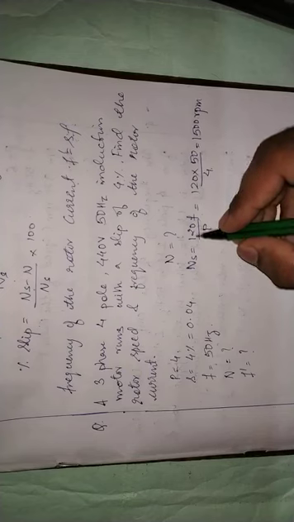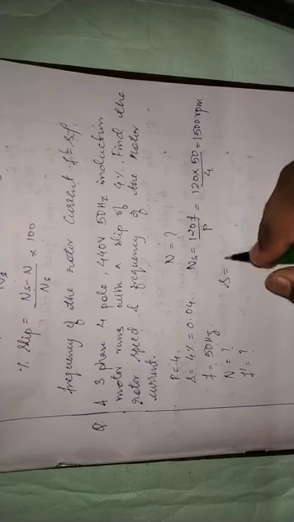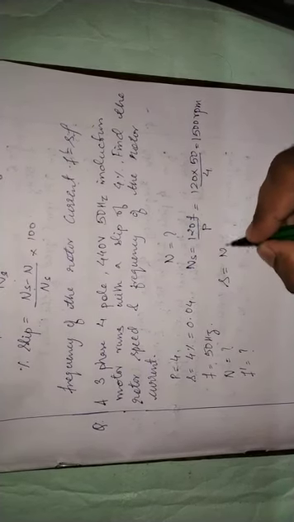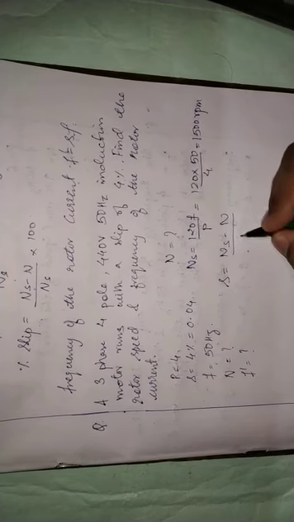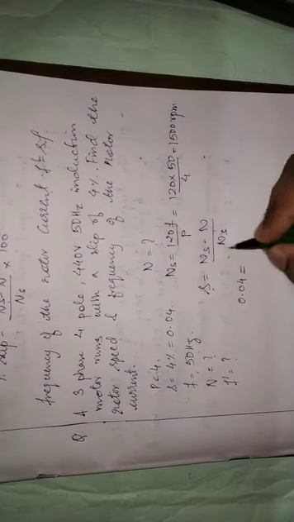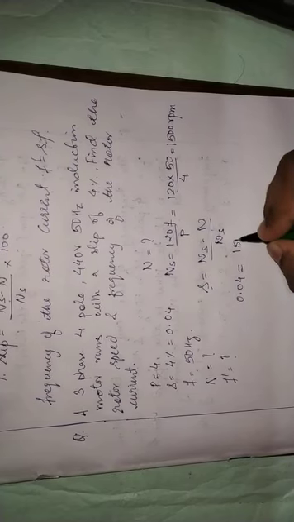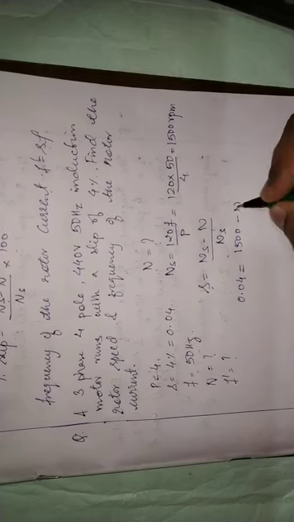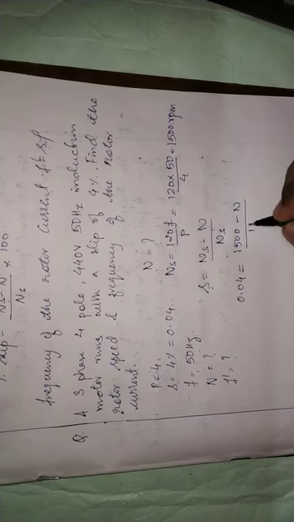So once you have got that, you can just calculate slip is equal to (Ns minus N) divided by Ns, right? The value of slip has been given as 0.04. Ns we have calculated as 1500 RPM, so 0.04 is equal to (1500 minus N) divided by 1500.